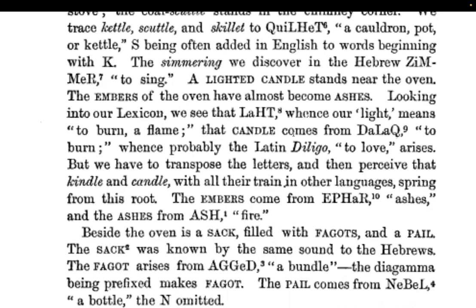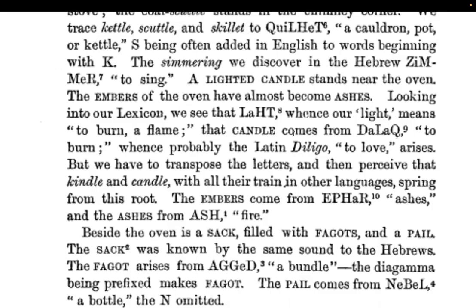A lighted candle stands near the oven, and embers of the oven have almost become ashes. Looking into our lexicon, we see that lachat, whence our light, means to burn, a flame. That candle comes from delak, to burn, whence probably the Latin diligo, to love, arises.